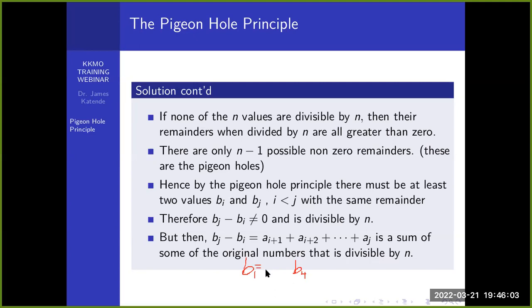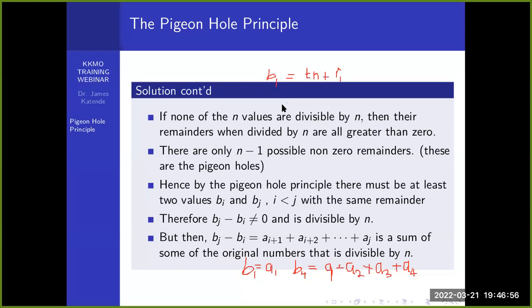But B1 is just A1, and B4 will be equal to A1 plus A2 all the way up to A4, A3, that's how we had set up these values of B. So if B1 is the one that's equal to B4, or rather their remainders are equal, then their difference will be divisible by n, because it's a multiple of n plus the same remainder.